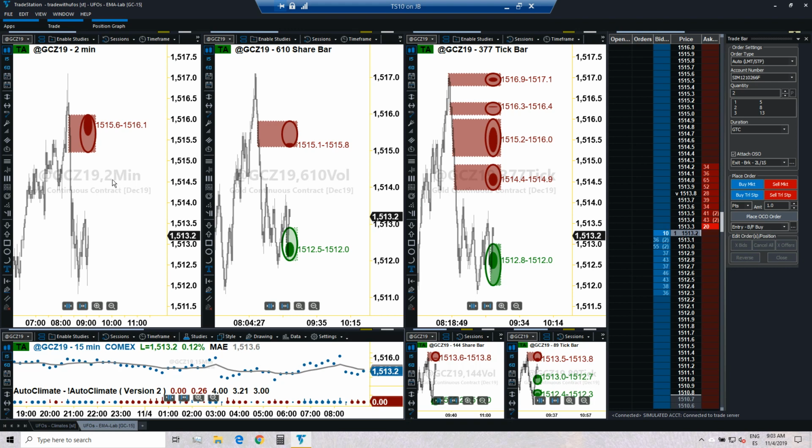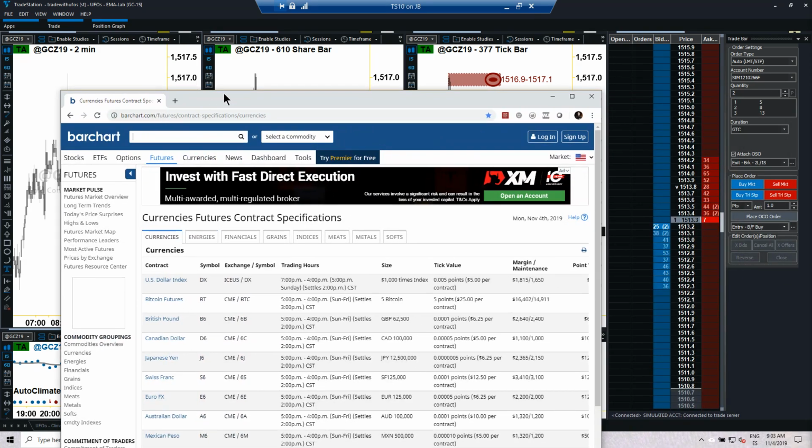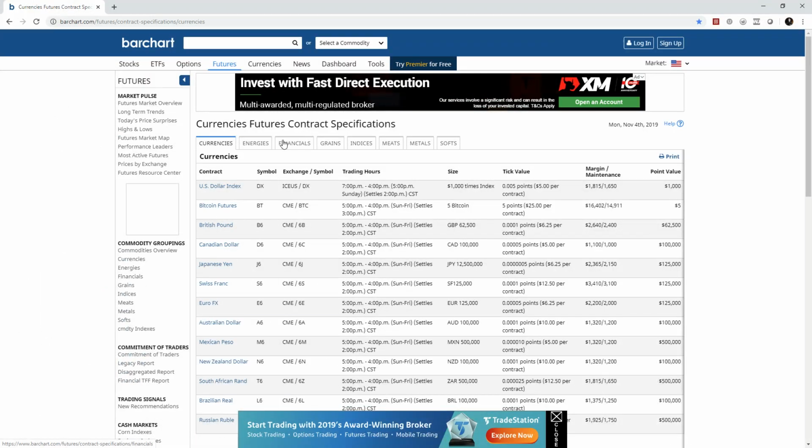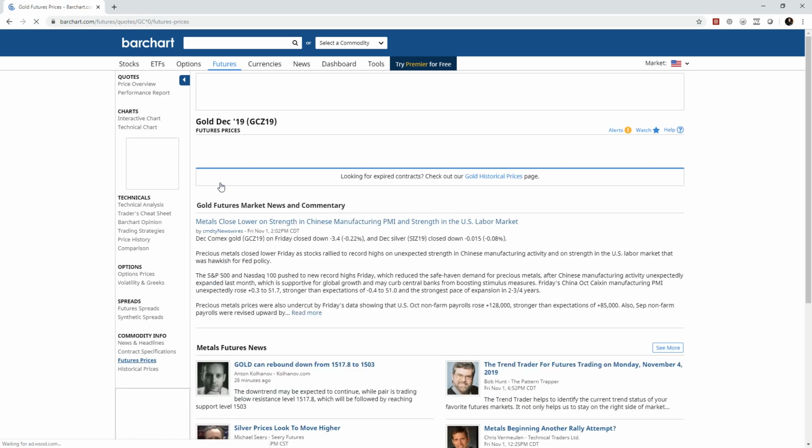So we have gold, the gold contract is here. Remember, every time we deal with those futures markets that have expiration dates that happen quite often, such as metals, energies, softs, etc., as a rule of thumb, a good way to not get in trouble, a standard process for us is to always come to this website, barchart.com, click on the gold contract, let the website load, and confirm that the symbol that shows here, in this case the Z, which is the expiration date, is the one we use.